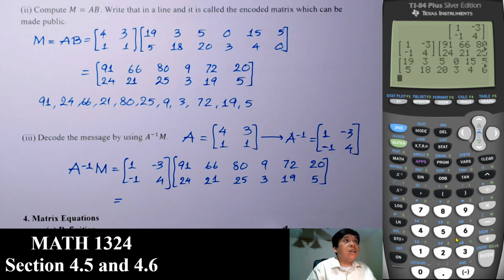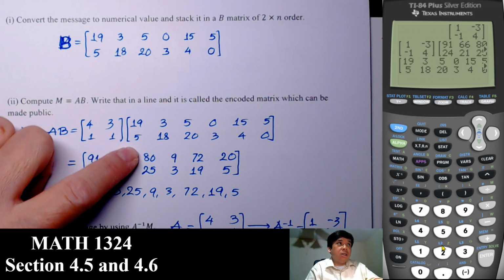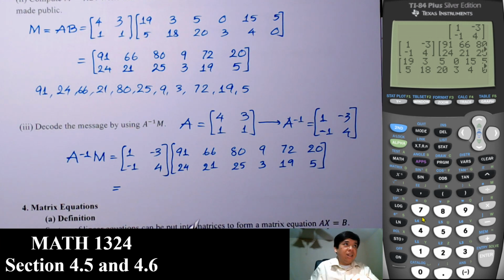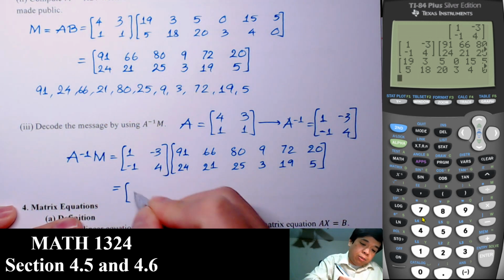Alright, so when we do that, as you see, we recover the message. And of course from here we can just write that again, and that will be the secret code.